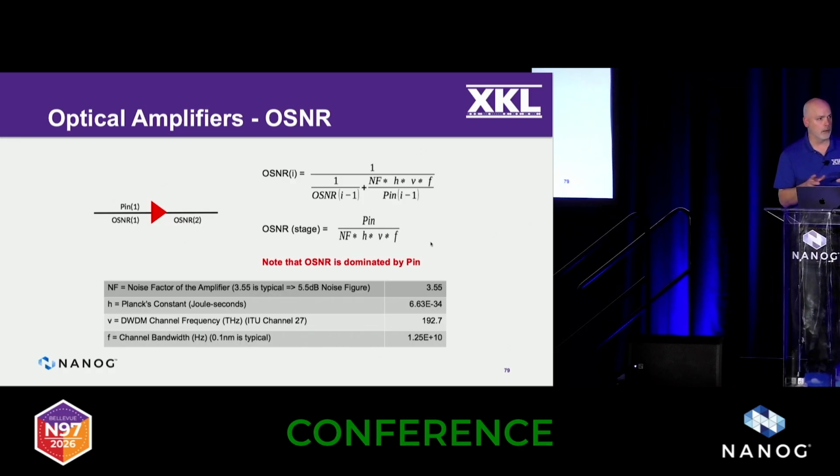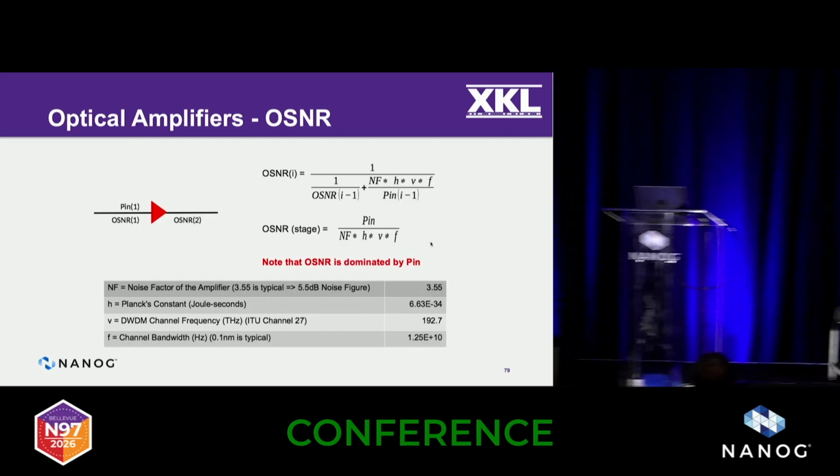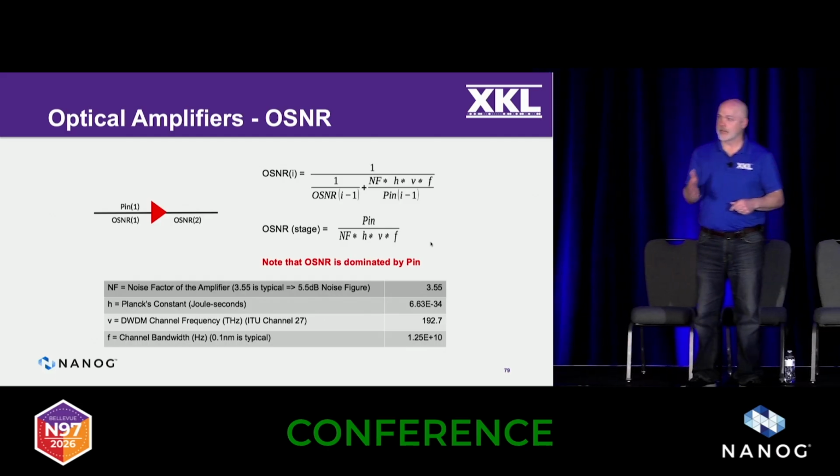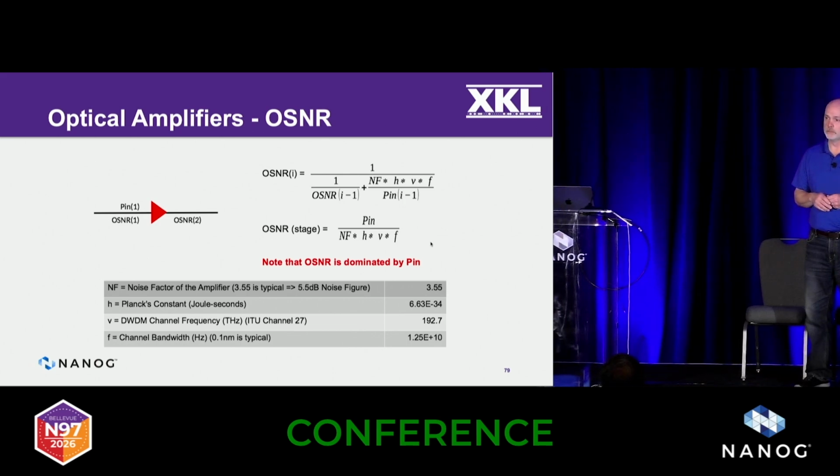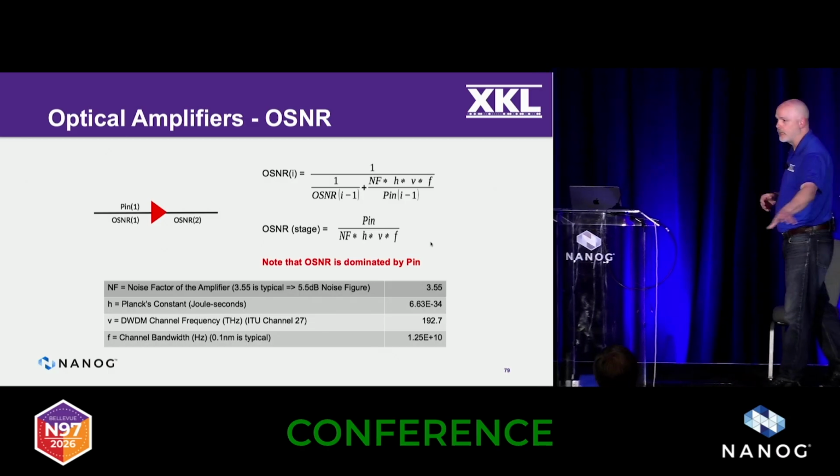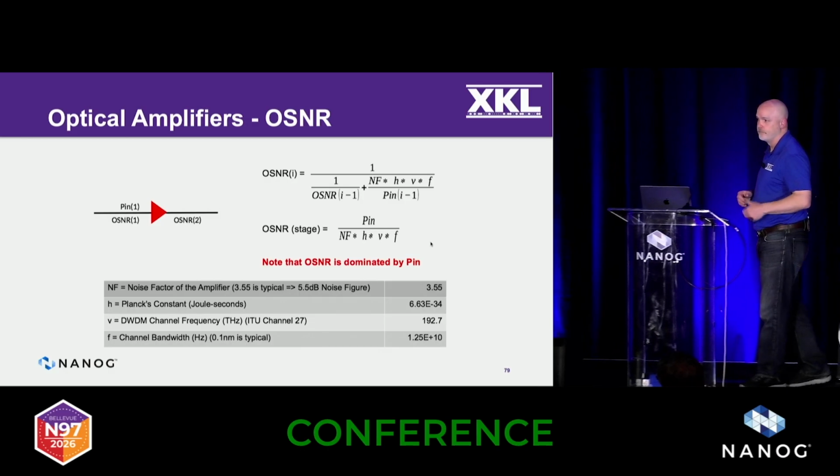So we had to tell that customer, hey, you can't run it at QAM16. You're going to need to use the new stuff running at QPSK because that OSNR requirement is much lower. So these are all these trade-offs. But the key here is to know that the input power dominates this calculation of OSNR.